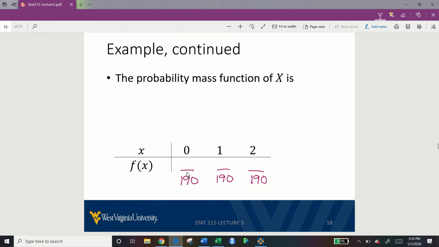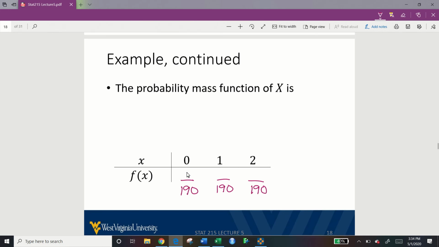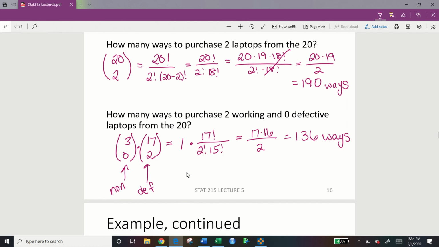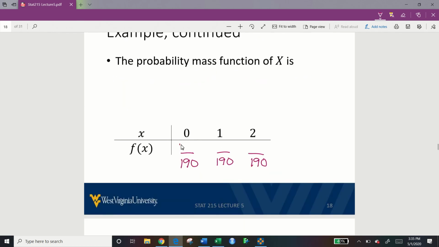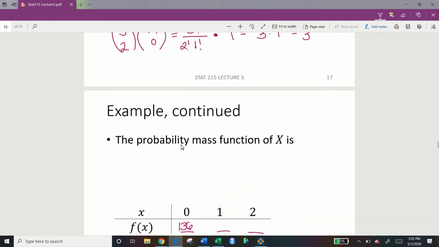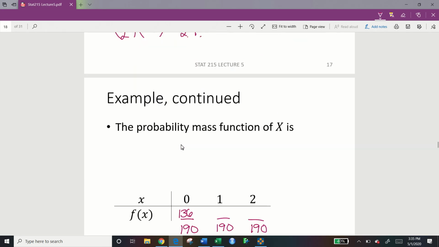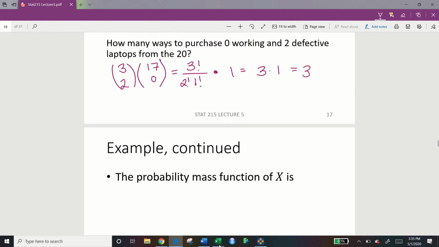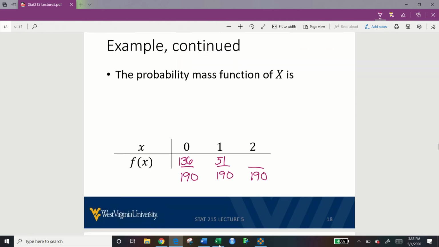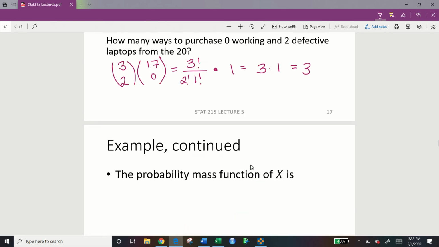Now we have our 3 situations where we had our 0 defective, which was 136, our 1 defective, which is 51, and last but not least, 2 defective, which is 3.